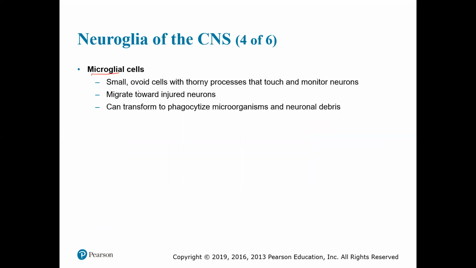Microglial cells is the garbage man, right? Phagocytized microorganisms like bacteria and a virus and other debris like faulty proteins. And we always have faulty proteins. We're always phagocytizing proteins and DNA and RNA that's within our cells and nuclei.